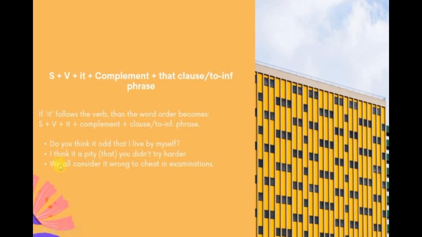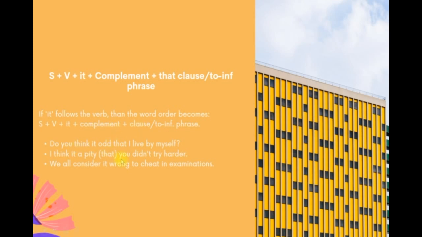The last example, we all consider it wrong to cheat in examinations. Consider followed by it, and then followed by complement wrong, followed by to infinitive as a to infinitive phrase.